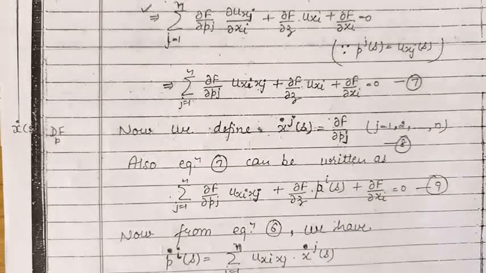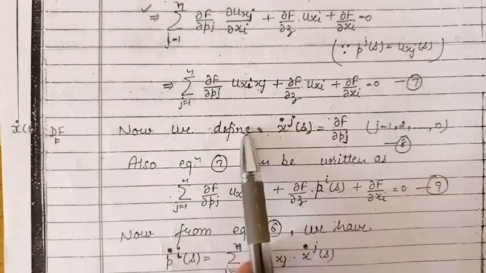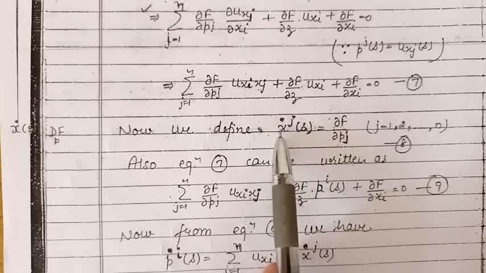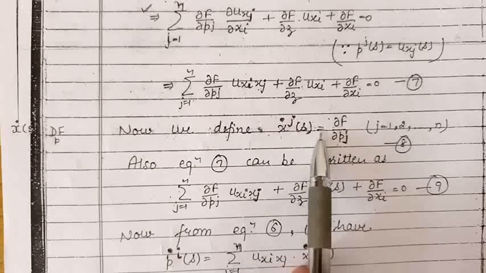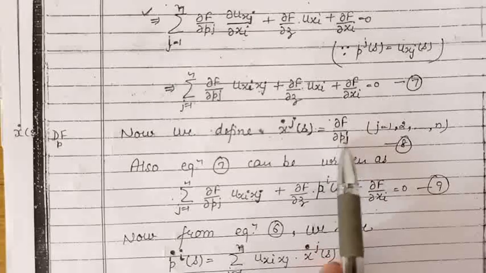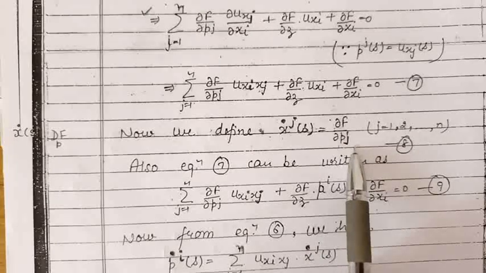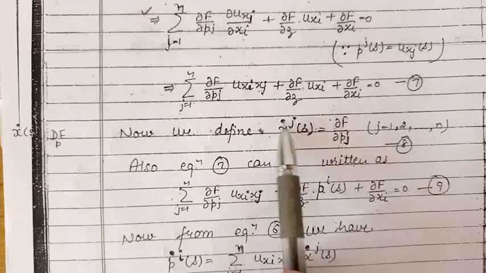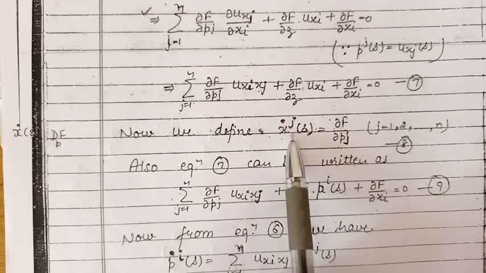Now let us define the components of derivative of x dot as equal to the components of gradient of f with respect to p. Curl f by curl pj, these are the components of gradient of f with respect to p, and xj dot, these are the components of derivatives of x.